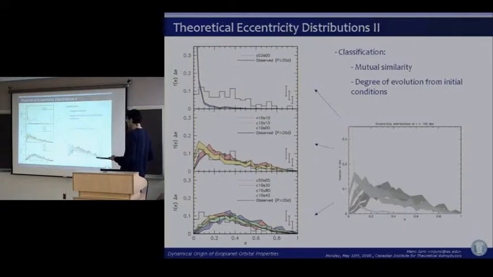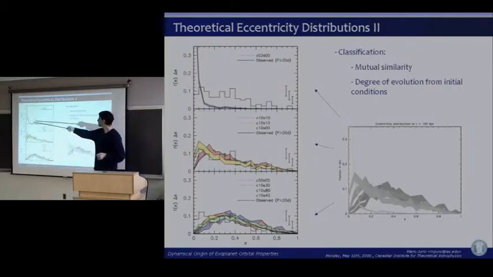However, if you take a look at the various distributions, you can come up with a rough classification based on the degree of mutual similarity. For example, look at these 4 down here, which are very similar, and based on the degree of evolution from initial conditions.